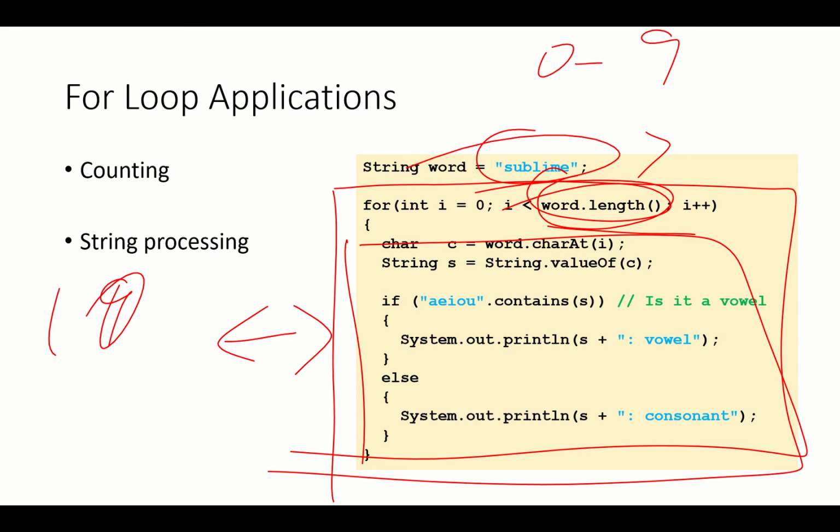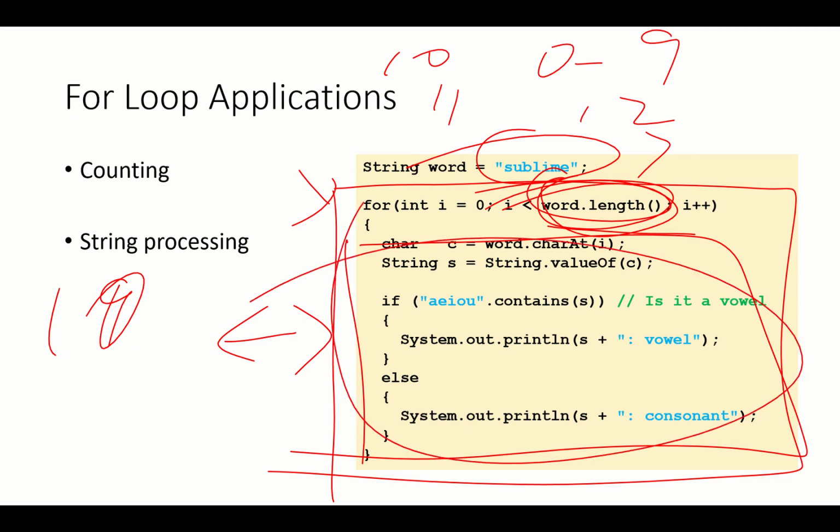Okay, you think about it. You have a lot of words, maybe 10 characters, 11 characters, 12 characters. For that reason, you need to change here every time. Okay, change to 11, 12, 13, and duplicate the same code again and again, right?